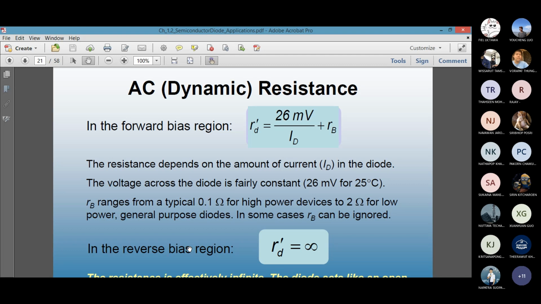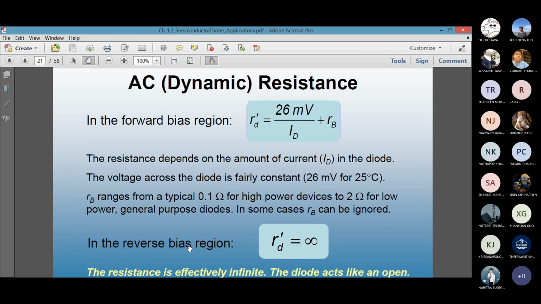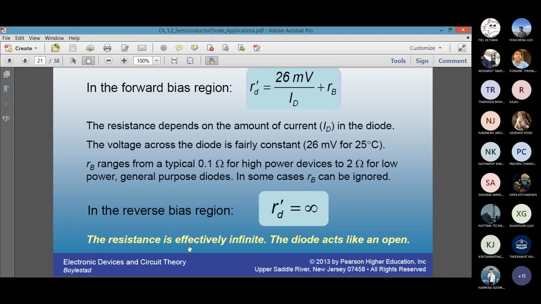RB is the body resistance of the diode, the resistance of the material from which it is constructed, and it's very small. Sometimes you can even neglect it. 0.1 ohm to a few ohms. The dynamic resistance in reverse bias will be infinity, because in reverse bias it's like an open circuit.